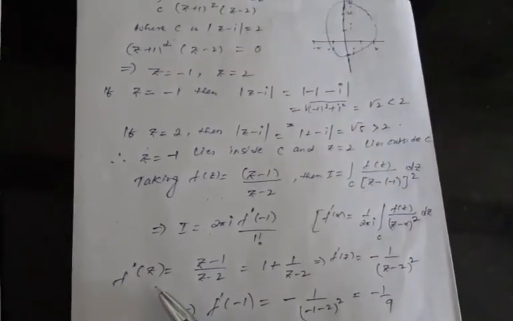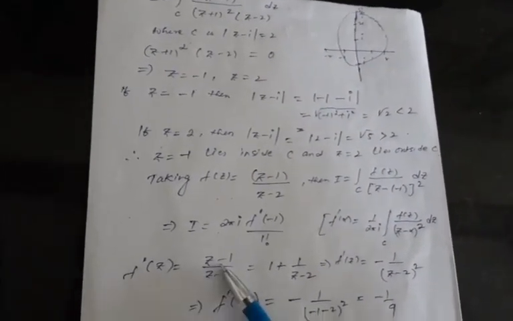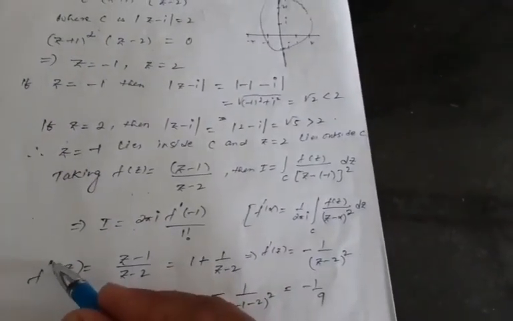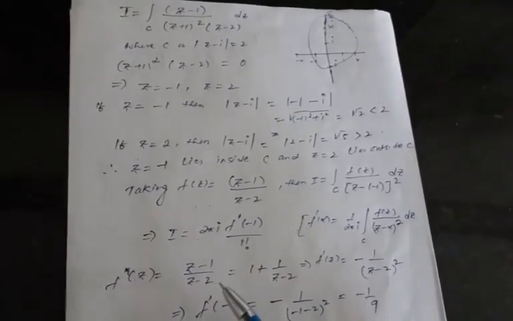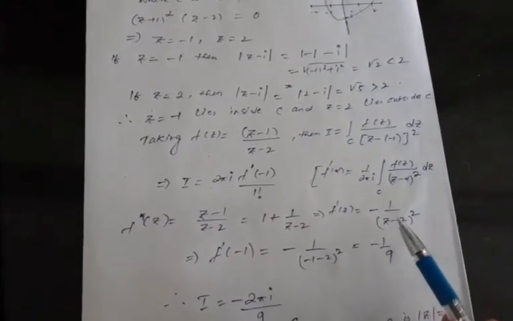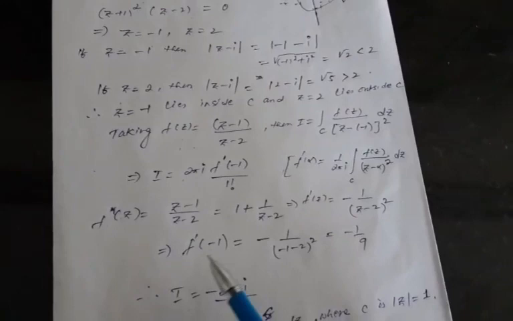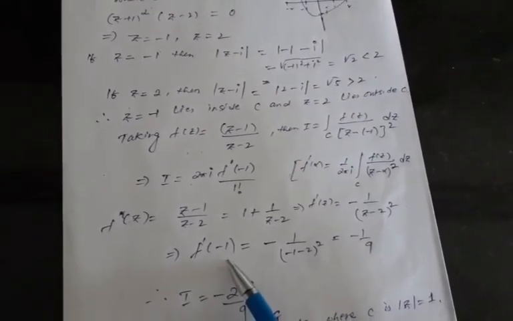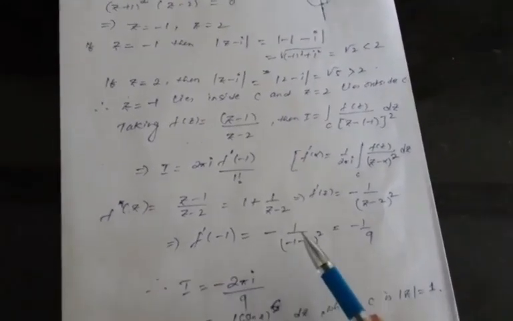So f(z) is this, and f dash z is minus 1 by (z minus 2) square. Now what is f dash of minus 1? Minus 1 is alpha, so minus 1 by (minus 1 minus 2) whole square, that is minus 1 by 9.